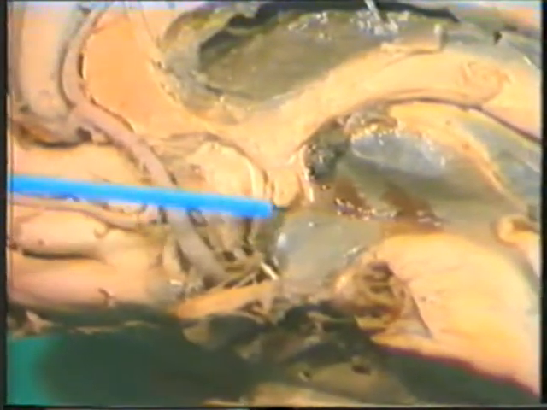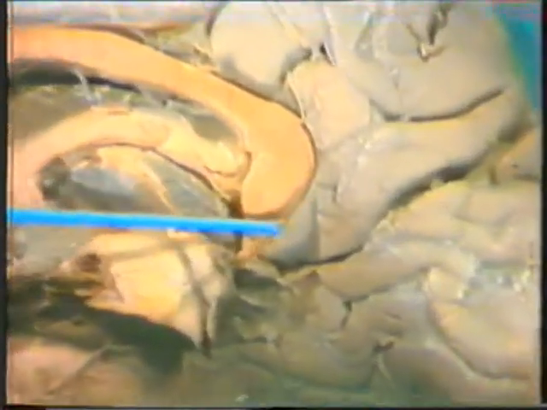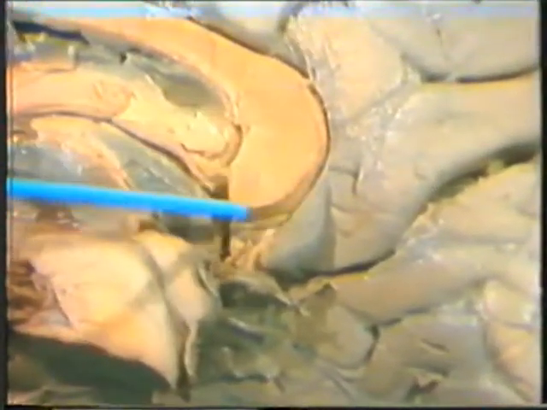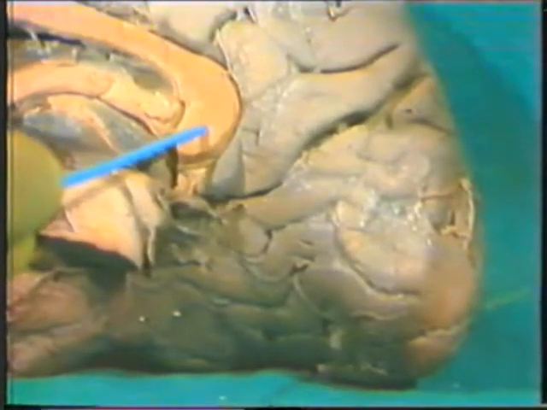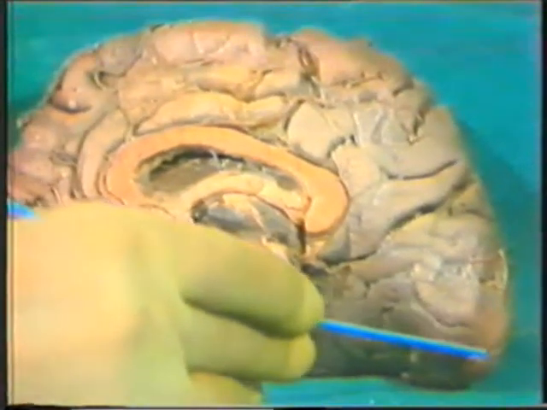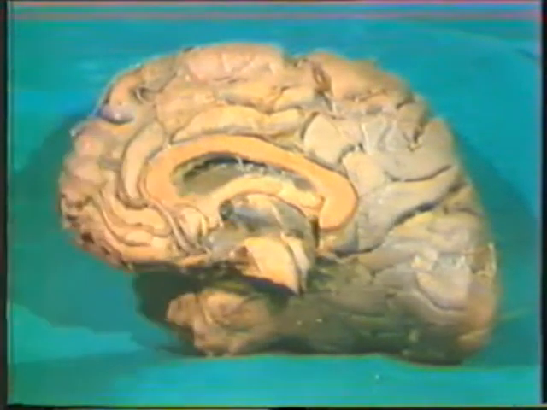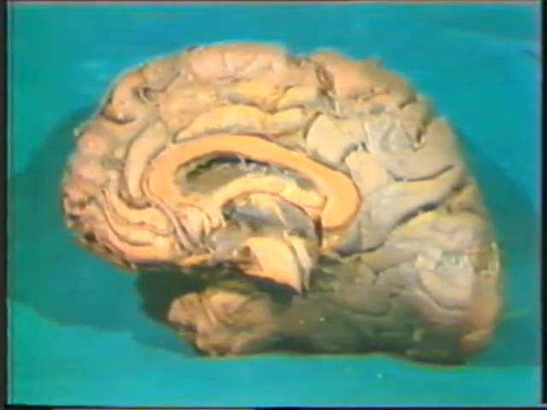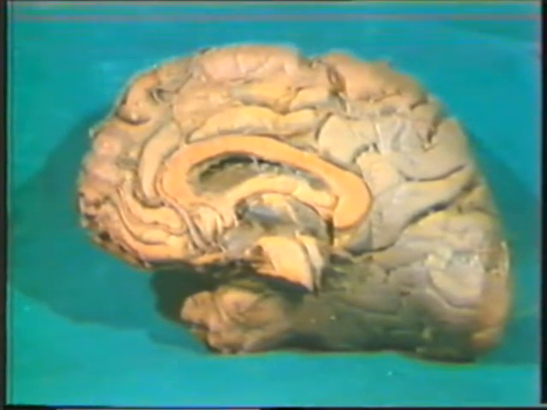The splenium is thick and rounded, and its fibers extend between the occipital and the temporal lobes of both sides. Its fibers, which run backwards in the medial wall of the hemisphere towards the occipital pole, form the forceps major, thus called because the fibers of both sides look like the forceps.